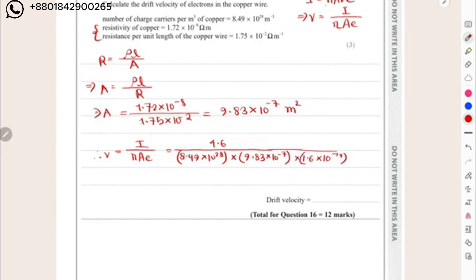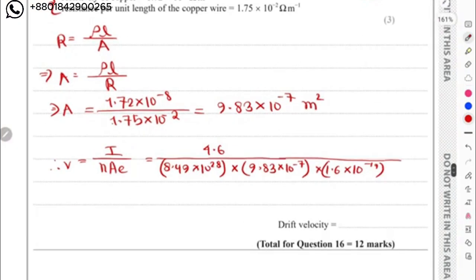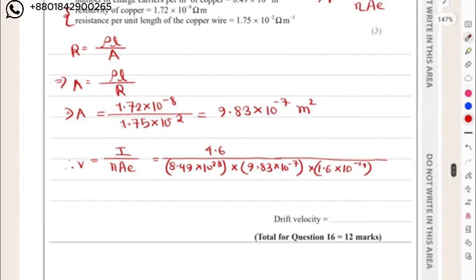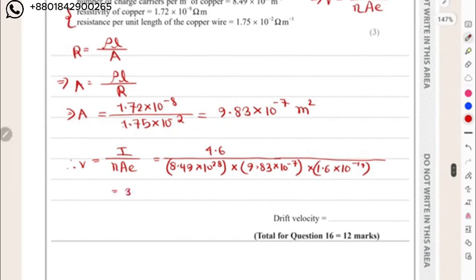Remember to use the brackets very explicitly. If you calculate it, you get 3.4 times 10 to the power of negative 4 meters per second. So this is the value of your drift velocity.